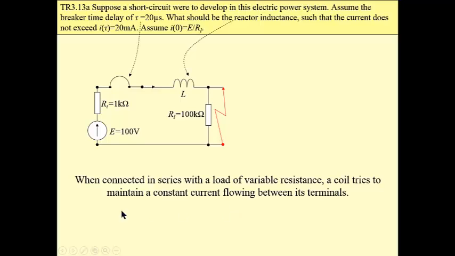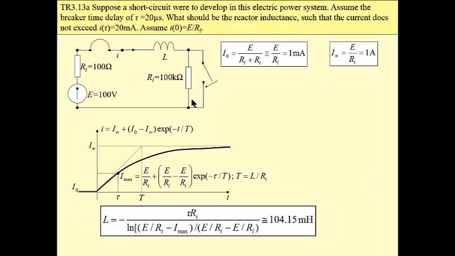Okay, let me repeat. When connected in series with a load of variable resistance from 100k to 0, a coil tries to maintain a constant current flowing between its terminals, obviously for some time only. So this is the manual solution, calculations that are terminated with these values.